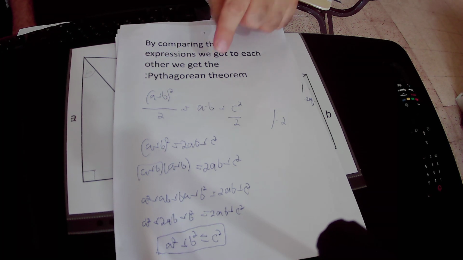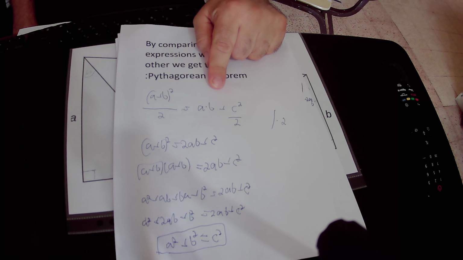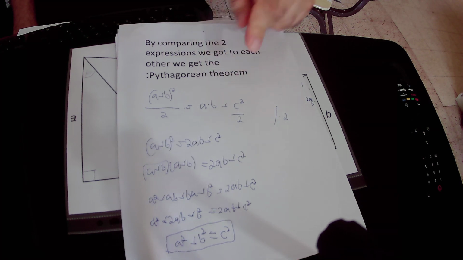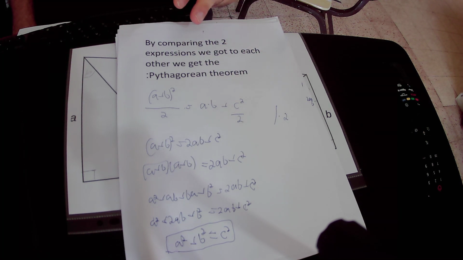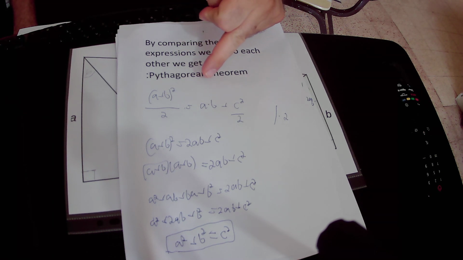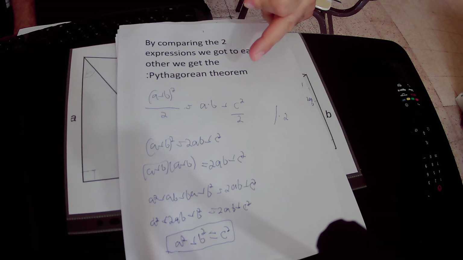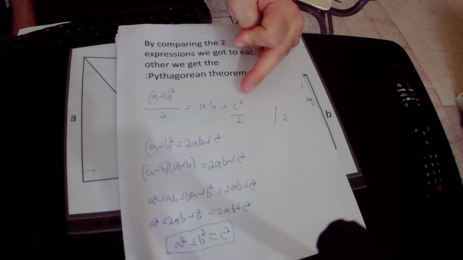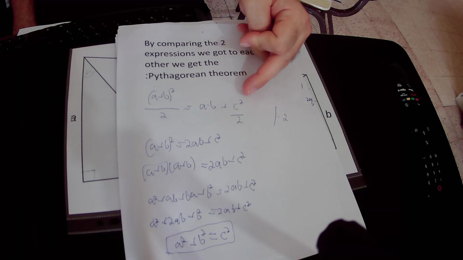The second way is the sum of the areas of the three triangles: A times B divided by 2 plus A times B divided by 2 is AB, and the area of the middle triangle is C squared divided by 2.